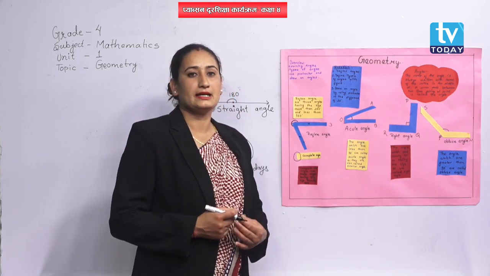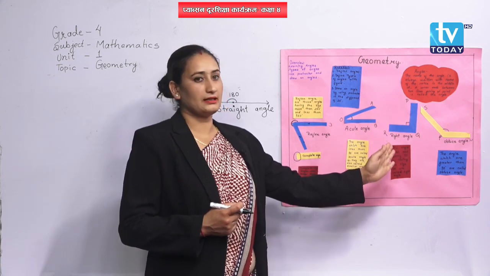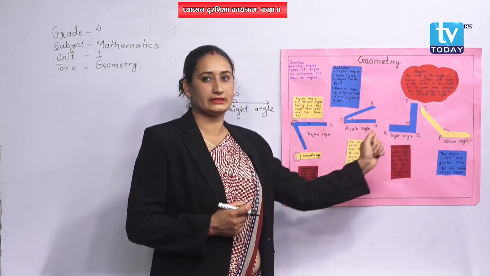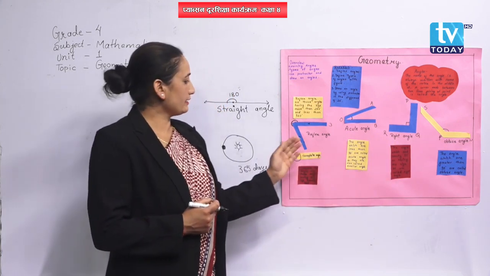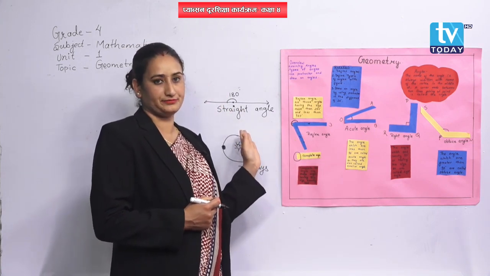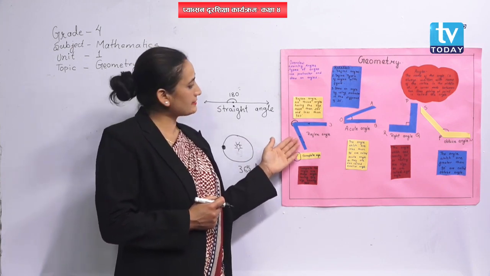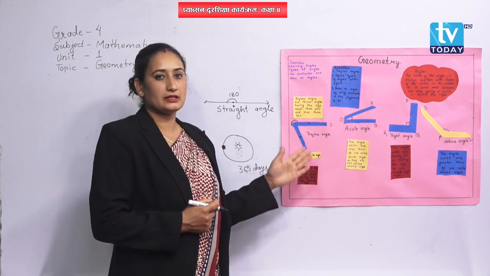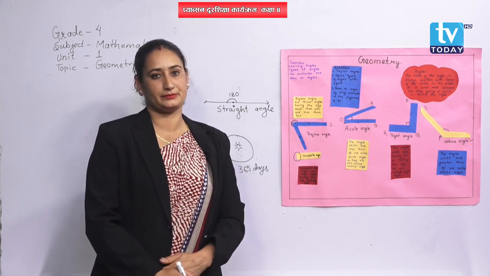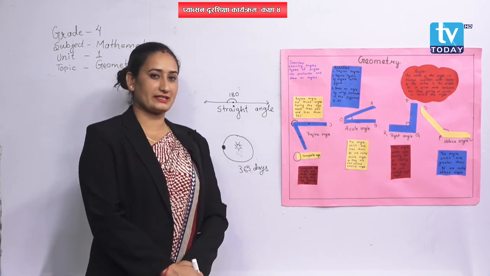Obtuse angle means a bigger angle, more than 90 degrees and less than 180 degrees. Then a straight line is exactly 180 degrees. After that, the reflex angle comes. Reflex angle means an angle more than 180 degrees and less than 360 degrees. And the complete turn, we have given you the example.